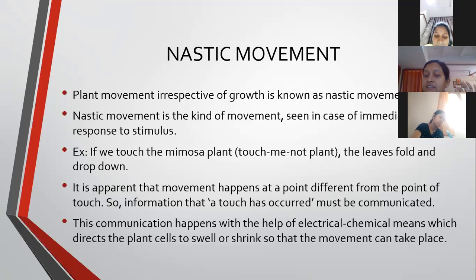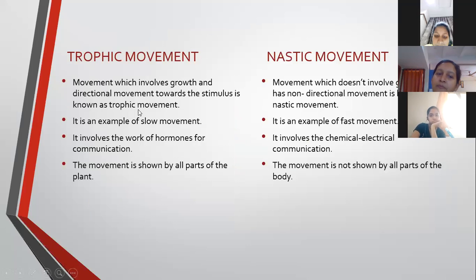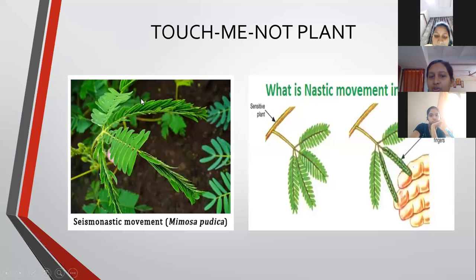The pace of movement in a nastic movement is very fast. Look at this. The first leaf, if you see, half of the leaf is closed, whereas half of the leaf is still open. So when you touch a touch-me-not plant, it may happen that the entire leaf closes, or it may happen that half of it is closing and half of it is not.